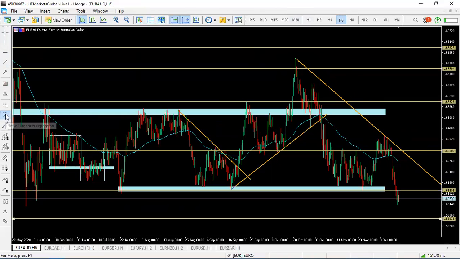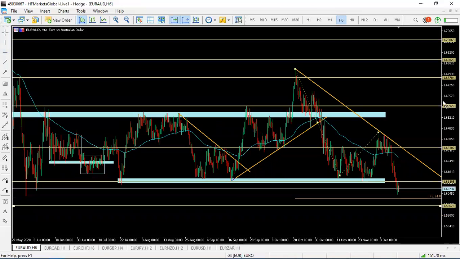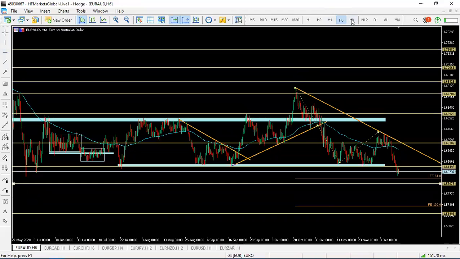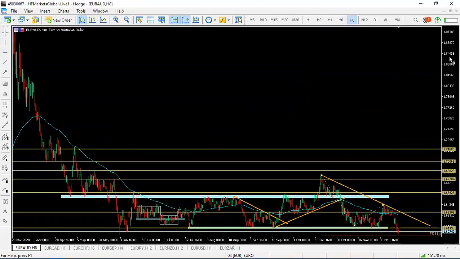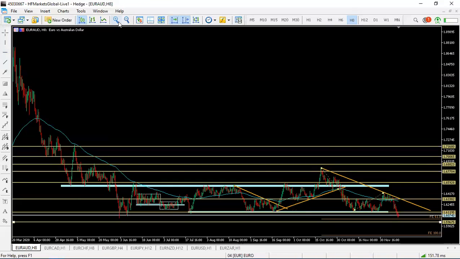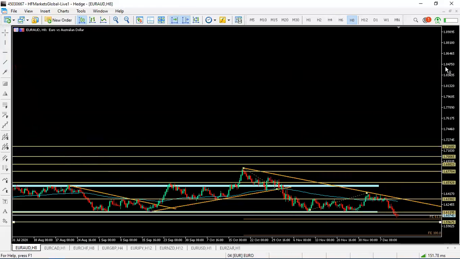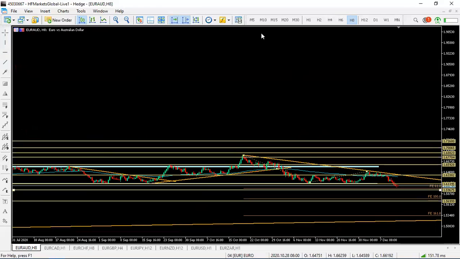Then we could go with the Fibonacci extension. Okay. So we're expecting the first position to be around Fibonacci extension 61.8. Hope this is clear though.